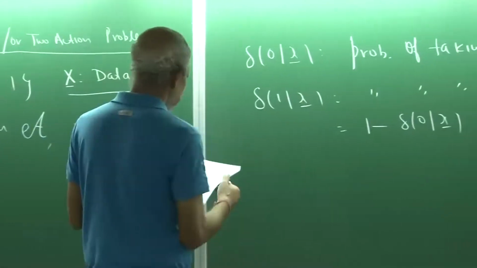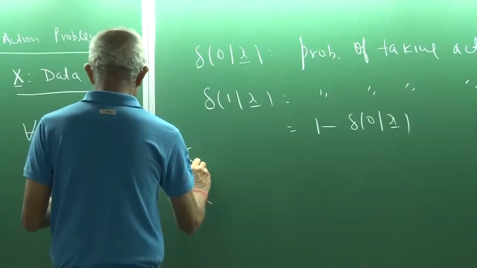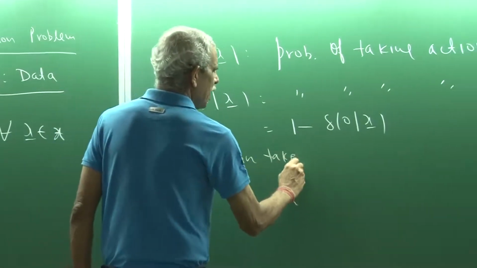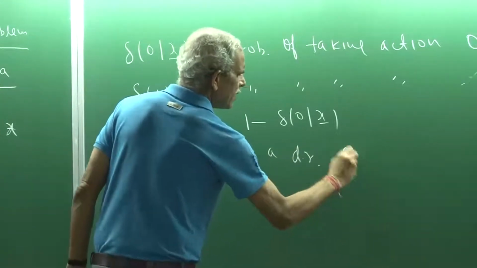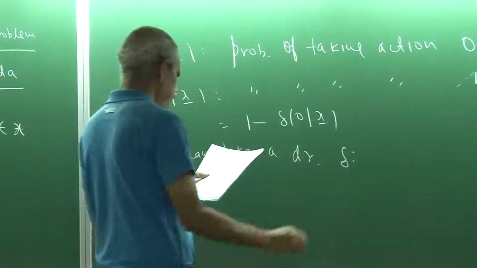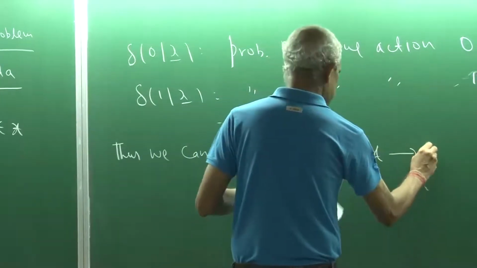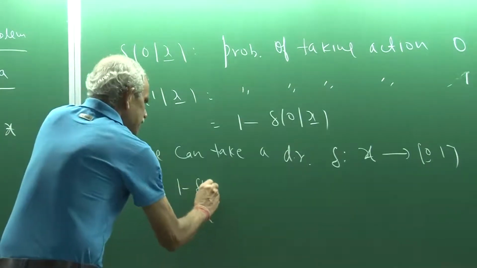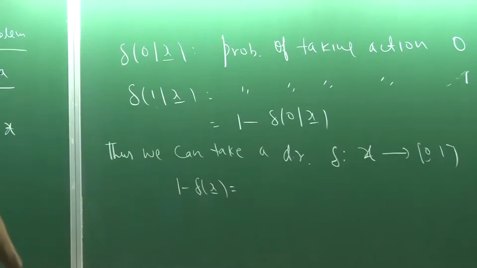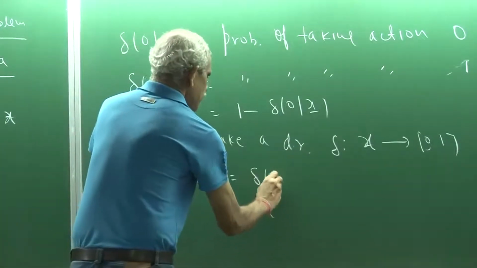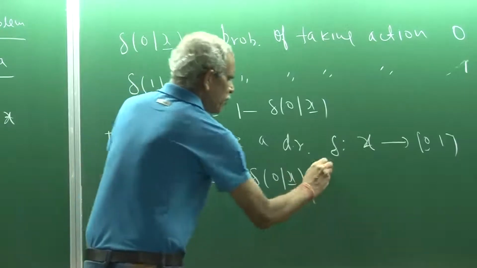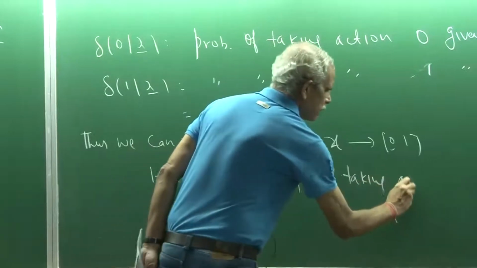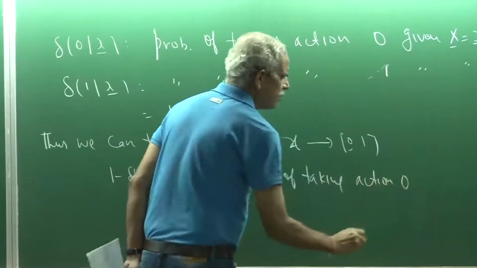So thus, we can take a decision rule delta to be a map where 1 minus delta x is the same as delta 0 given x, which is the probability of taking action a0 given x.